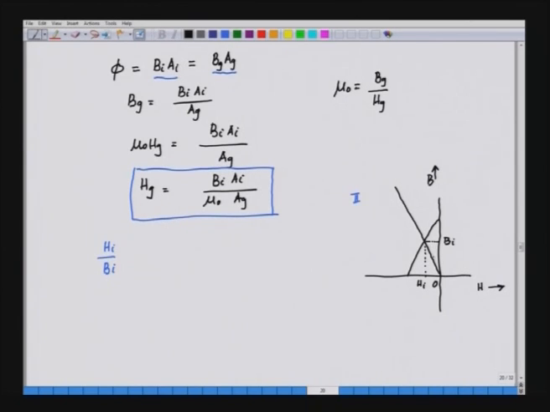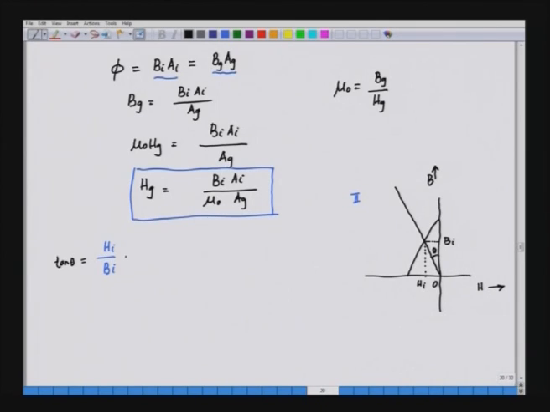Let us assume that the angle between the y axis and this line is theta. Now, if I am trying to find out what is tan theta, tan theta is given as Hi by Bi. Hi is the field strength and Bi is the flux density.